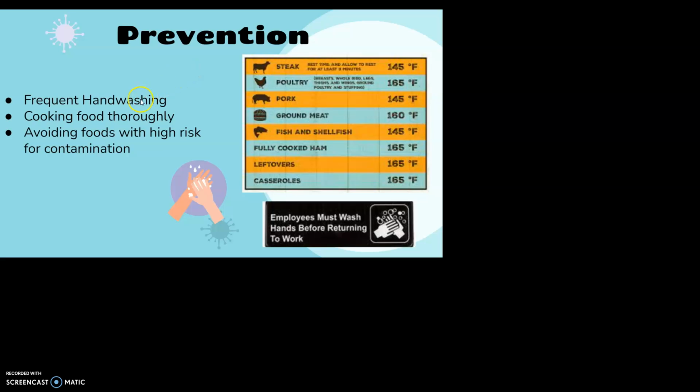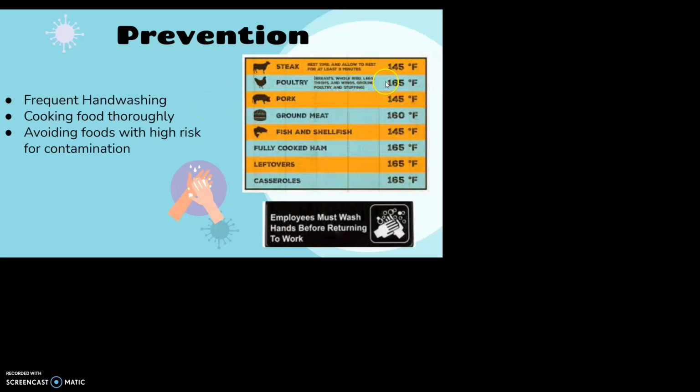The prevention: frequent hand washing, as with pretty much all our diseases, especially after we finish handling raw poultry, raw meat, raw anything really. Just making sure that we're not going around spreading all those contaminants all over the place, all over our food. Making sure that we cook our food thoroughly, to the appropriate internal temperatures.